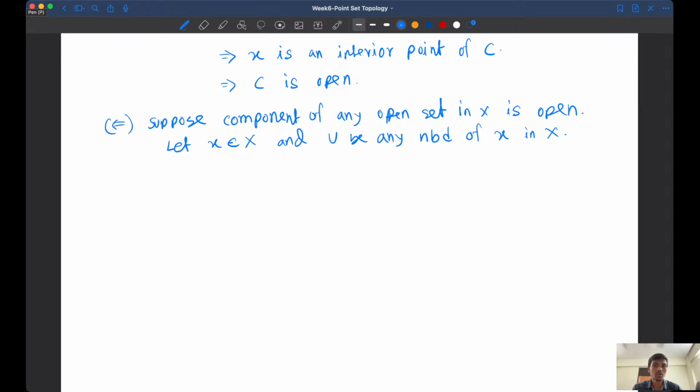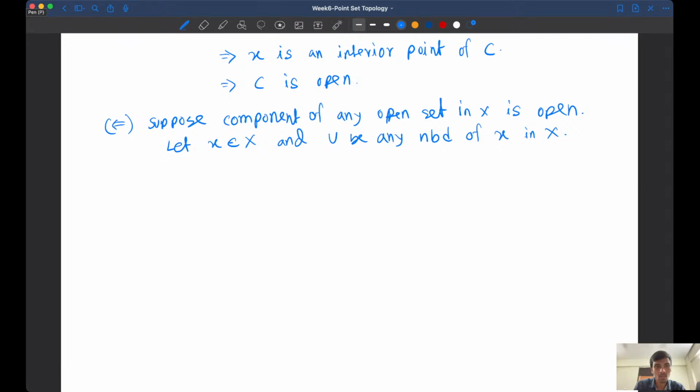Like U is any neighborhood of X, so I have the hypothesis for open sets, so somehow I have to get to some open set. But as U is a neighborhood of X, U already contains an open neighborhood inside U, right, around X.